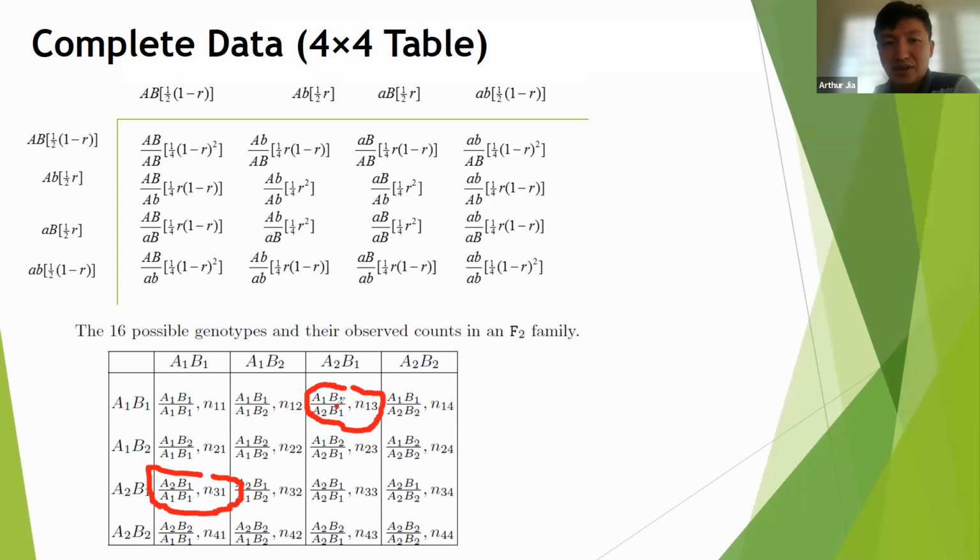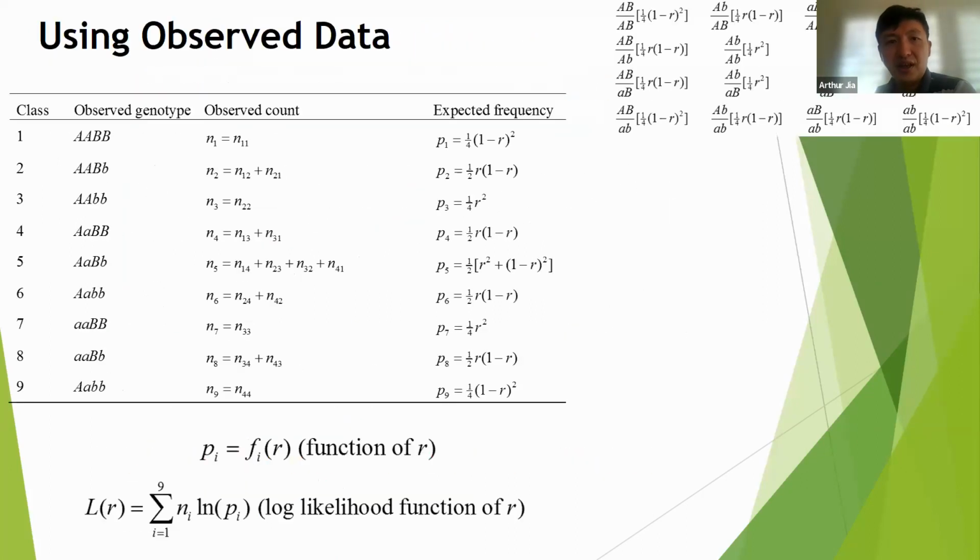In reality, these two may be mixed together. The example I just showed you is an ideal situation. Suppose you can differentiate all of them, then that's the easy case you can deal with. But in most cases, you get data like this. For example, the 1, 2 and 2, 1 are mixed together.